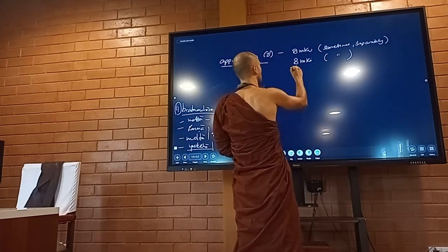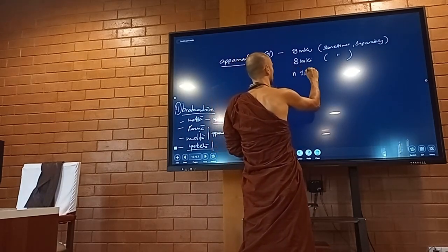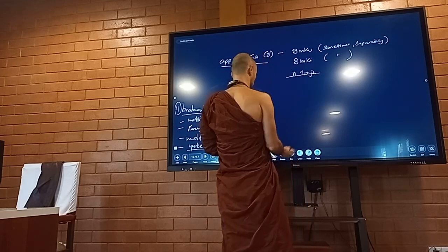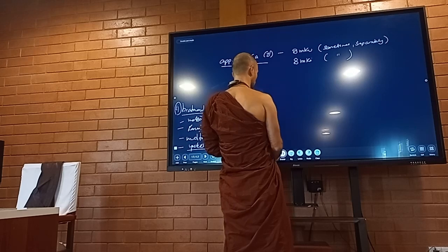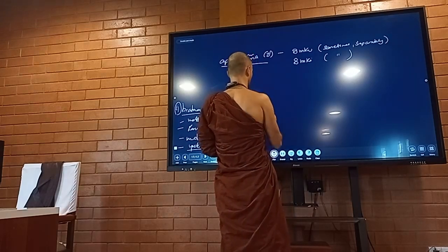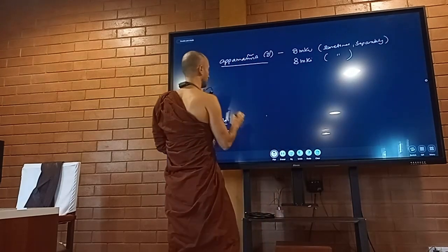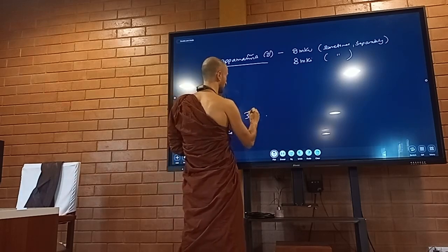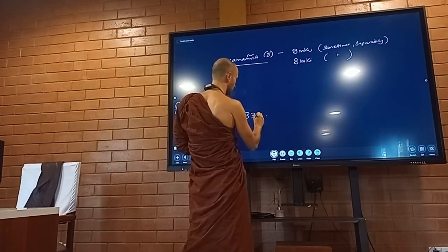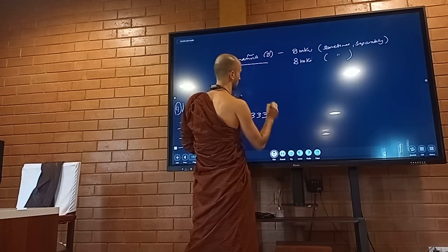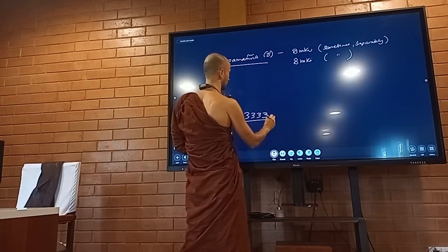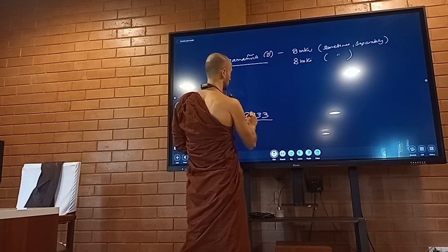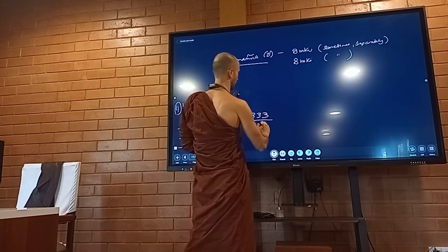But don't put 11 first jhanas, because they are not in Lokuttara cittas. 11 includes Lokuttara, right? So you have 3 first jhanas, 3 second jhanas, 3 third jhanas, 3 fourth jhanas. So 6, 9, 12.